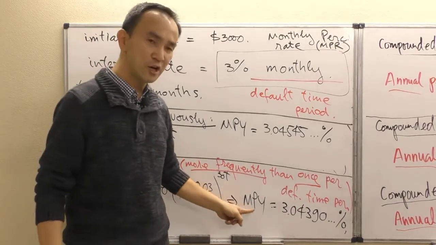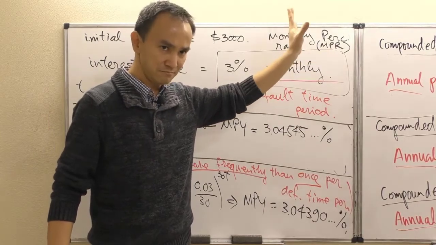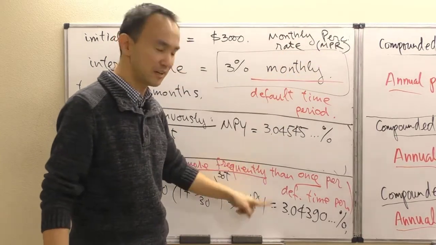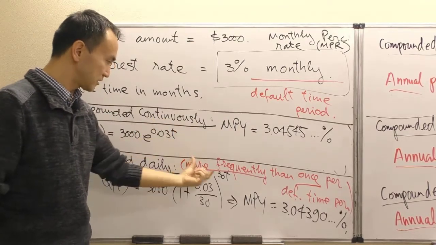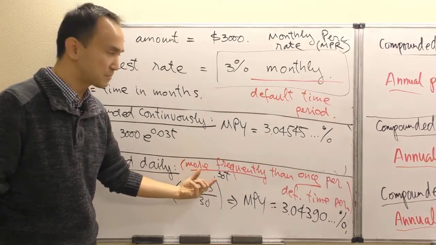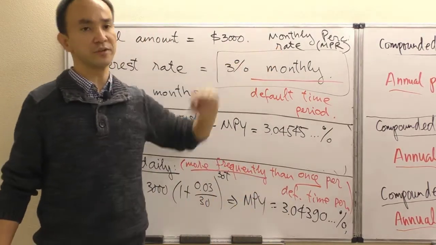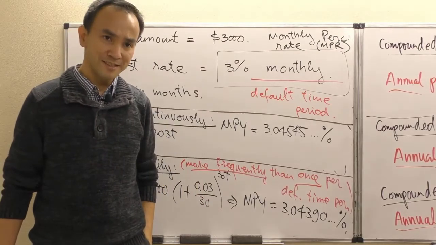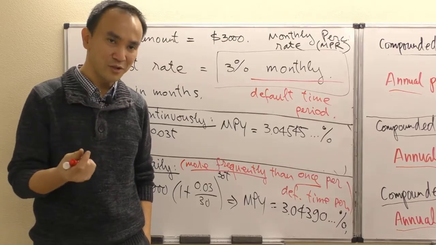But the percentage yield will keep becoming higher and higher compared to the percentage rate, because there's the effect of a lot more compounding periods being done in one default time period.